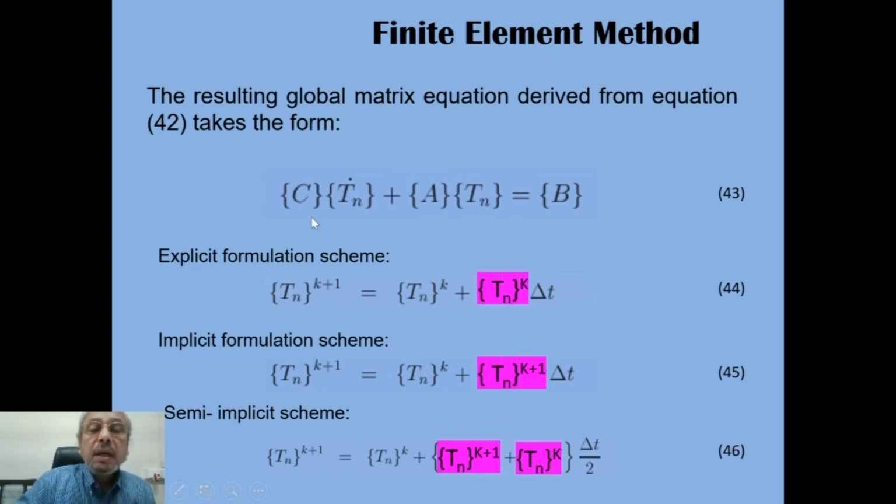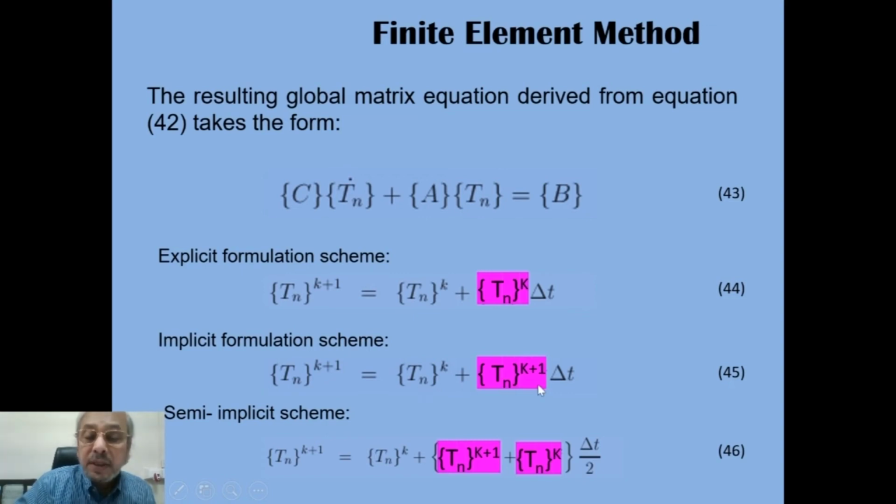Basically, here we are only writing this temperature derivative. That means Tn dot can be written as Tnk plus 1 minus Tnk by delta T. And how that Tnk plus 1 can be evaluated in terms of Tnk and delta T, that basic scheme we have written here. We already know this is purely explicit.